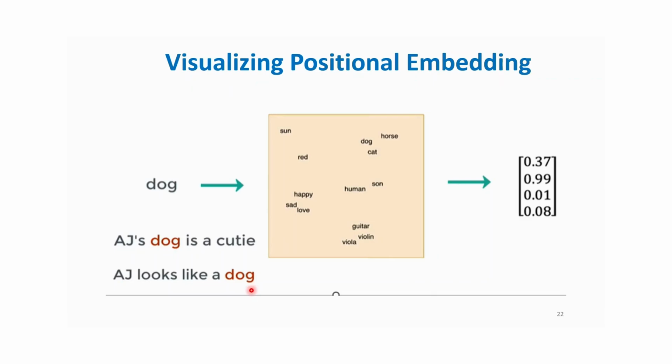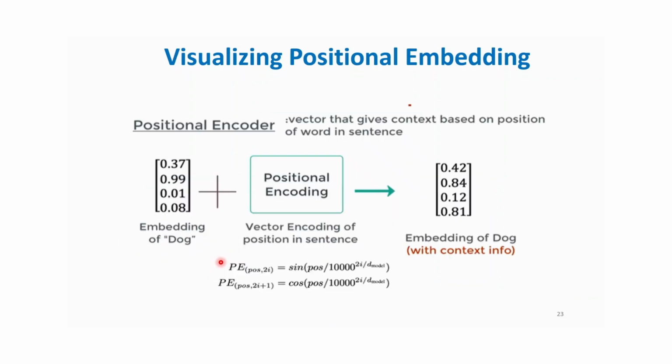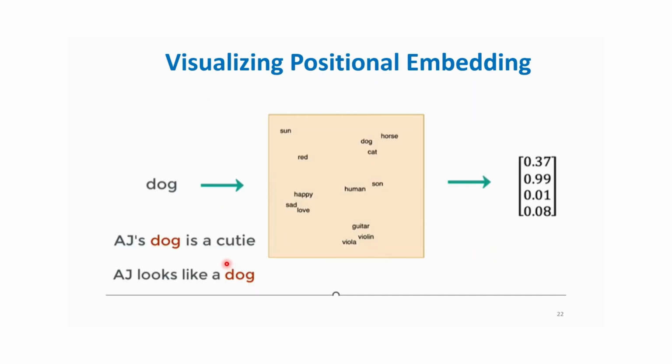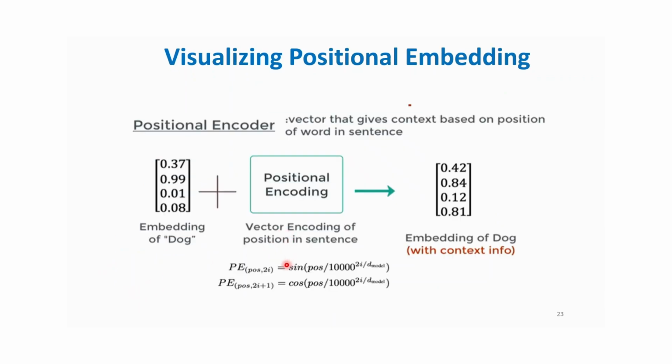So what I mean to say is that when the position of a particular word changes, the entire embedding of that word would change. Here this dog embedding would have horse and cat, but this dog embedding will actually carry information about AJ. That is the core idea.